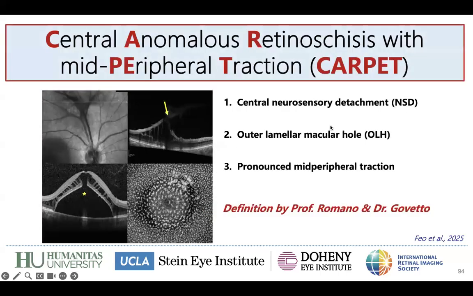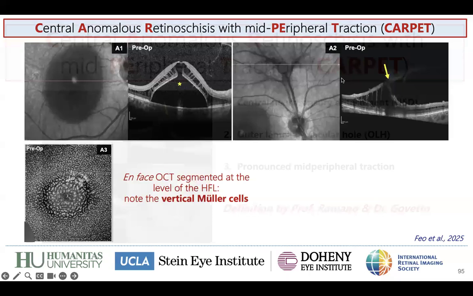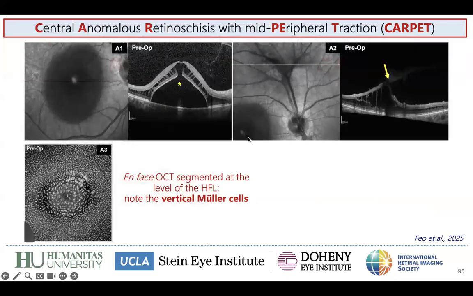Again, so this is the definition: central anomalous retinoschisis with mid-peripheral traction, or CARPET. And en face OCT in this case was useful to identify the vertical appearance of the Müller cells using a segmentation at the level of the Henle fiber layer. So this patient was operated on by Dr.